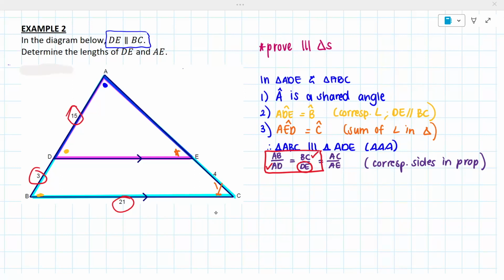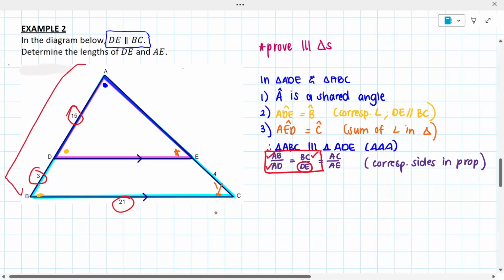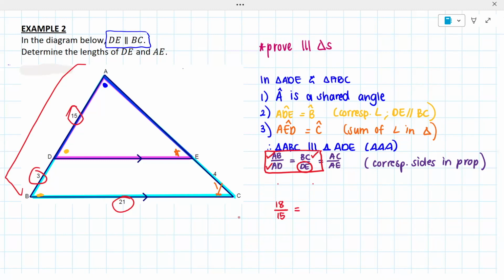Now, AB is this entire side length, which means technically you do also have AB, 15 plus 3. So 15 plus 3 is 18. Okay. Over AD, which is 15, is equal to BC, which is 21, over DE. Now I'm looking for DE.